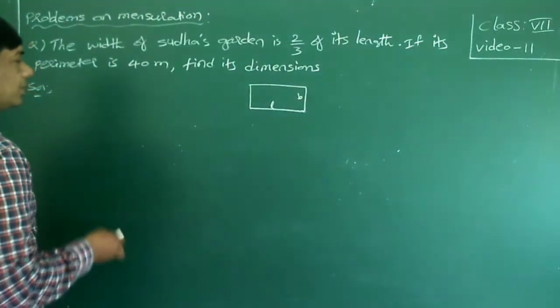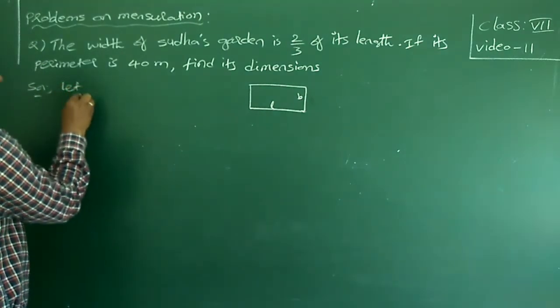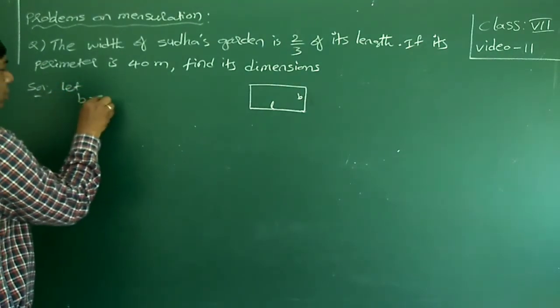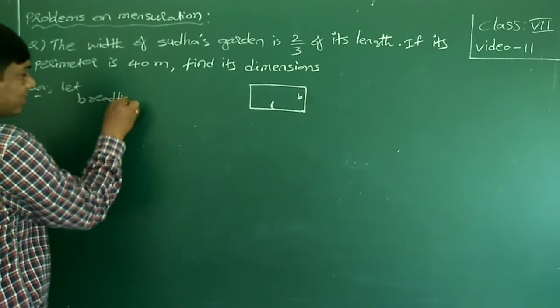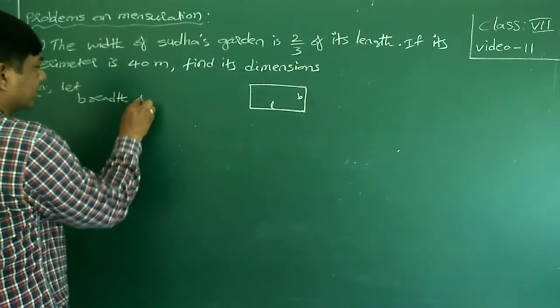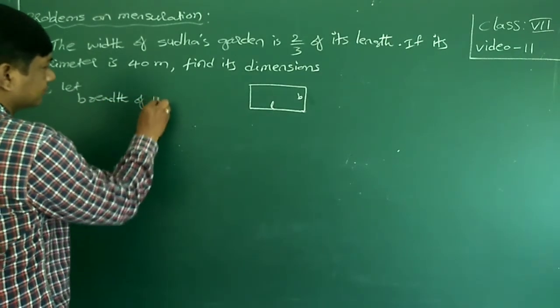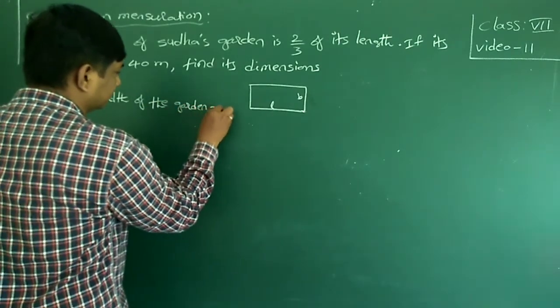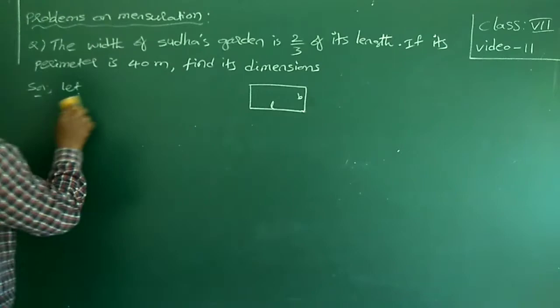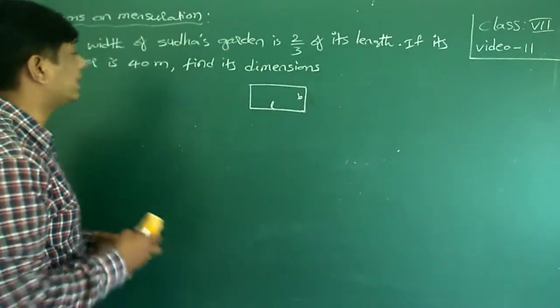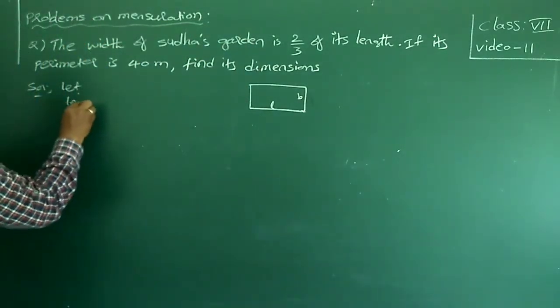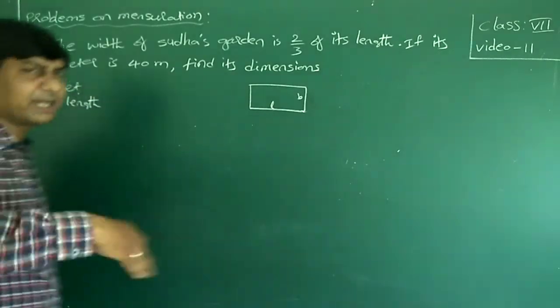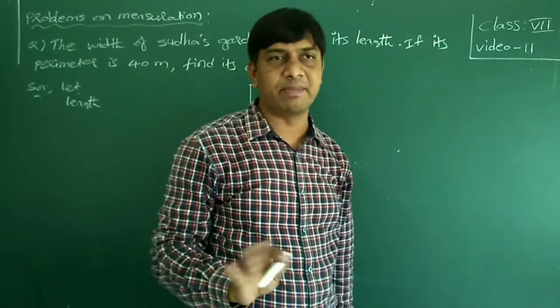So now let us assume that breadth is equal to, breadth or width, both are same only. Breadth of the garden is equal to length. Width is depending on length. Now let us assume that length is independent. The independent term we suppose as a variable, not breadth.